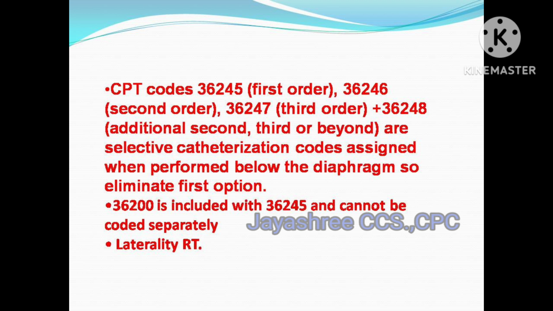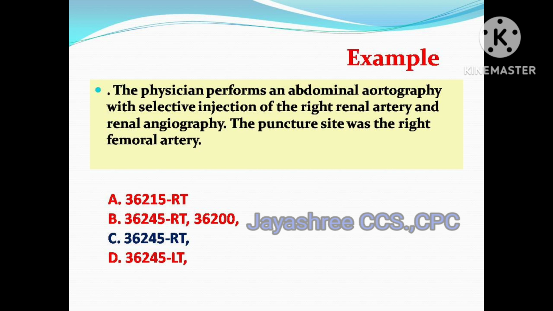Then, the renal artery comes under which order? Come to the family photo. From the family photo, from the bottom you can identify the aorta. From the aorta, one branch comes directly, the right renal artery.